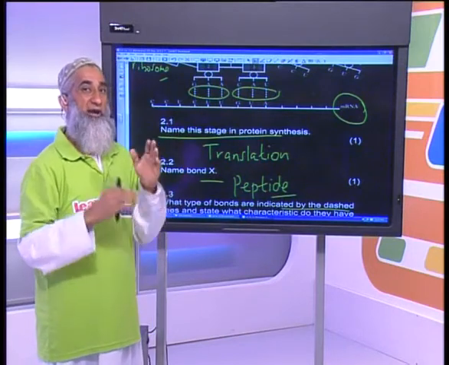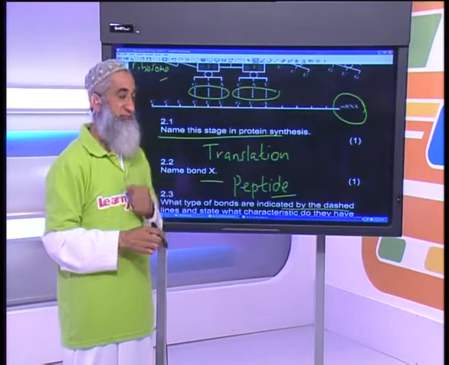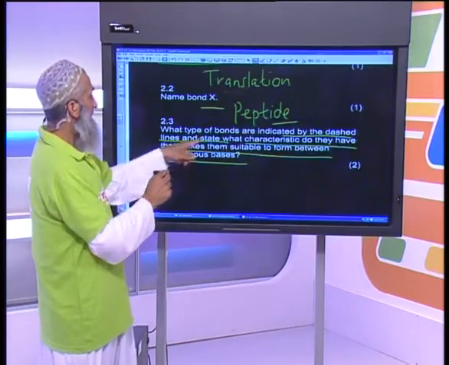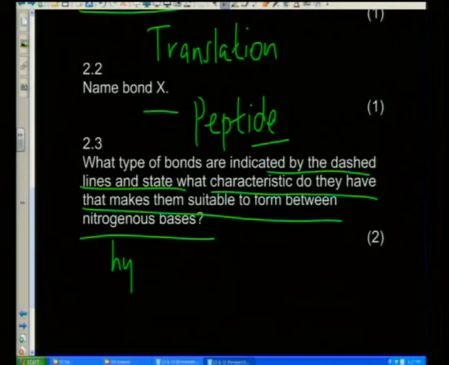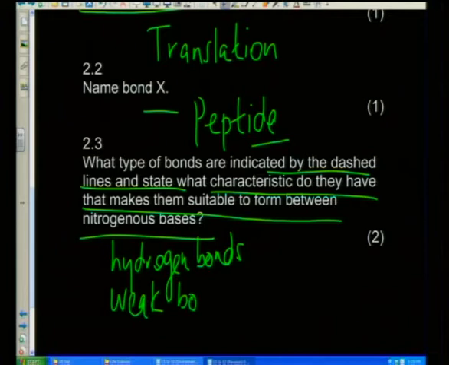We said they are hydrogen bonds, and I specifically said we must add the word weak in front of them. Now there's a question that's addressing that. What type of bonds? They are hydrogen bonds. And what characteristic do they have? They are weak bonds.